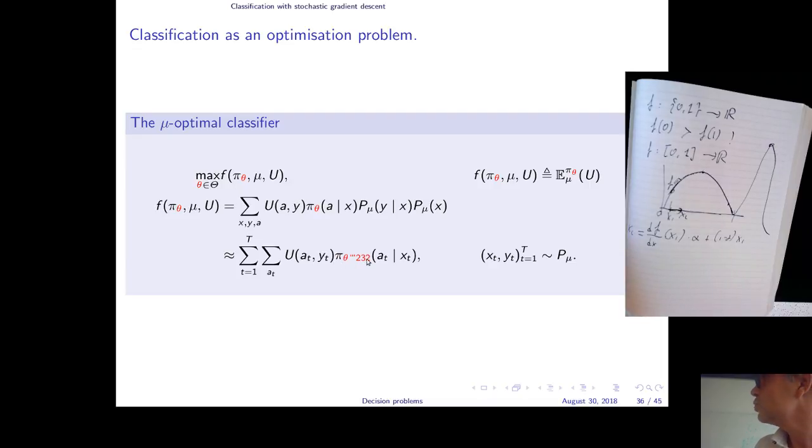There's a typo here, I don't know where it came from, but anyway. So the idea is that you can always approximate an integral by taking samples from a distribution and plugging in the samples instead.